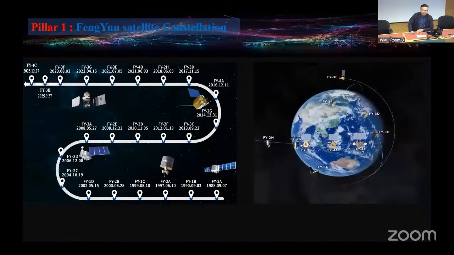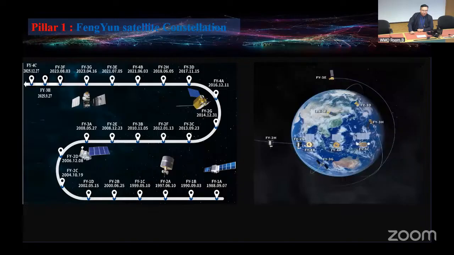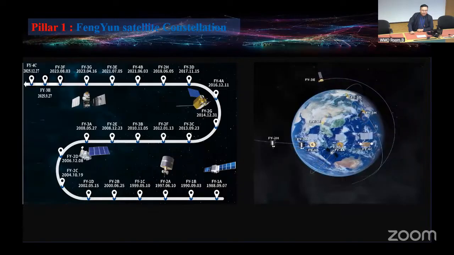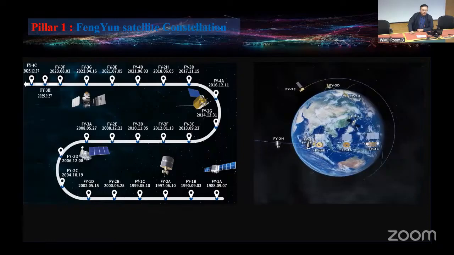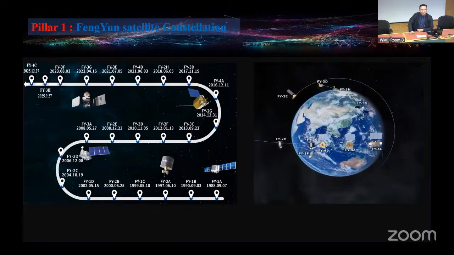First, I want to talk about pillar 1, the Fengyun satellite constellation infrastructure. Since the 1980s, China has successfully launched 23 Fengyun meteorological satellites, and currently there are 10 Fengyun meteorological satellites in orbit.